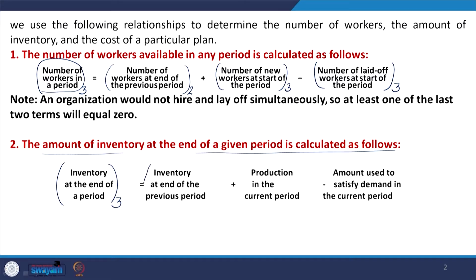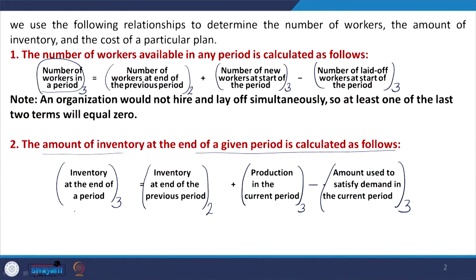It is simple to understand: the inventory at the end of the previous period, which in this case is the second period, plus how much you are producing in the current period, that is the third period, has to be added, and then what you have consumed in this period is to be subtracted. That will give you the inventory at the end of period 3.